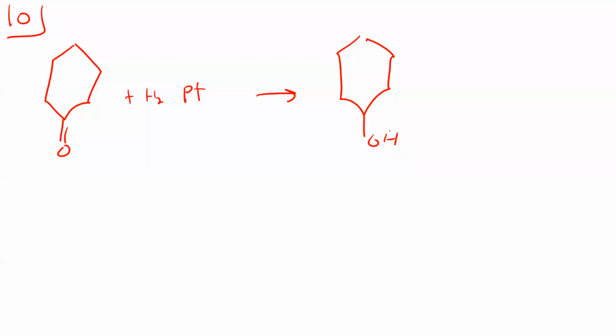For some reason, when I'm drawing that, it won't let me put the OH. So then it only lets me put the O, and then it says that it's wrong.